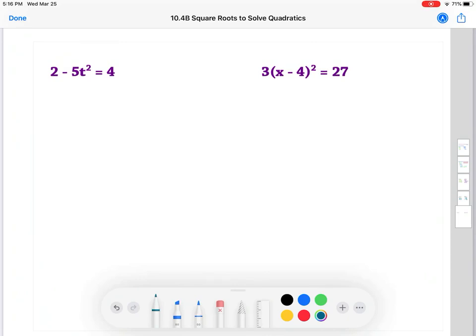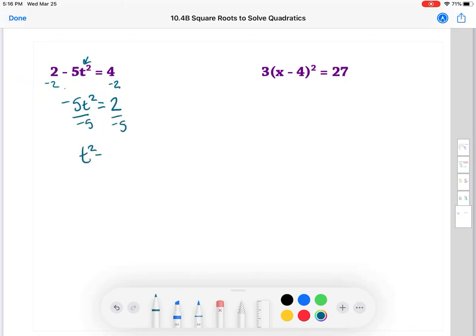Okay, welcome back. So let's solve and see if you got these same things I did. I'm going to first, I have to get my squared thing, it's just t squared, all by itself. So I'm going to subtract 2 first. 4 minus 2 is 2. Divide by negative 5.